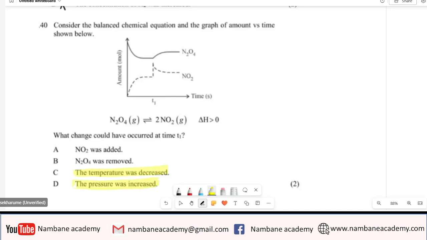So N2, if the spike is facing up, it can be added or increased. If you talk about removed, it must be a decrease. So this one, it was removed. It's not the correct answer, because the spike is facing up. So this N2 was added to the reaction mixture. So the answer there will be A. Okay.